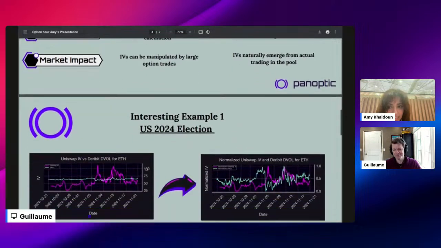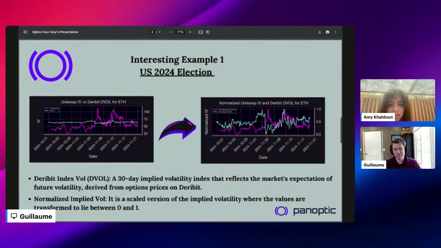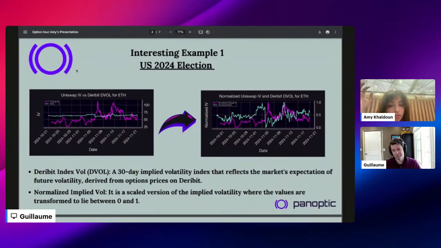Yes, exactly. So now let's look at a fascinating example involving the US 2024 election on November 5th. On this slide, we're comparing Uniswap IV versus Deribit's DVOL for Ethereum. The left graph shows the raw values of IV, while the right shows normalized figures.